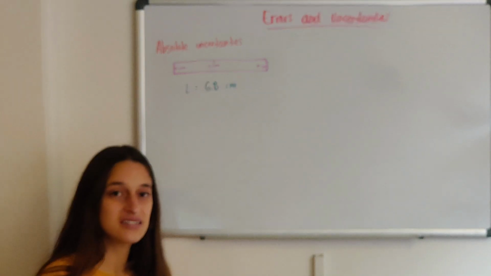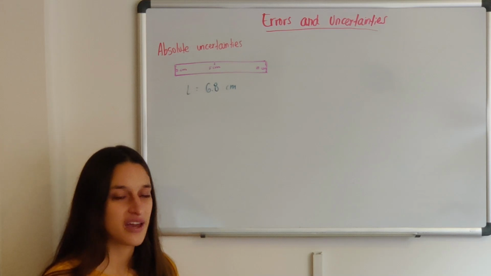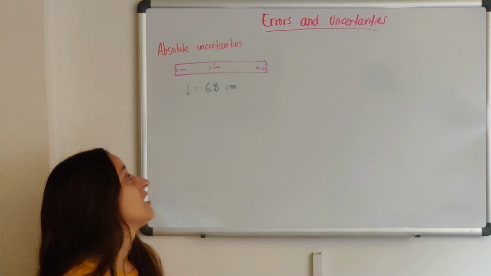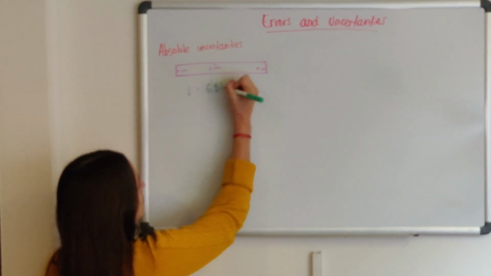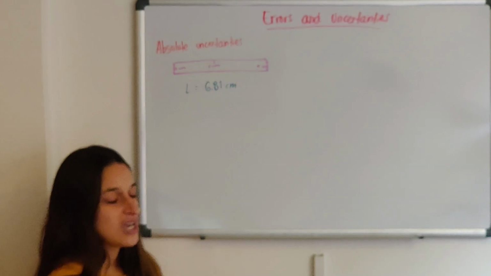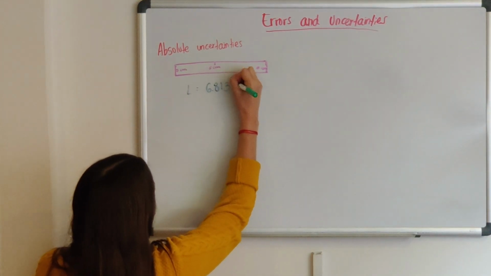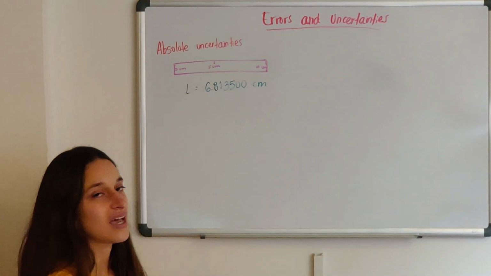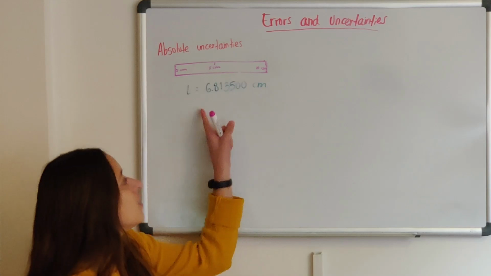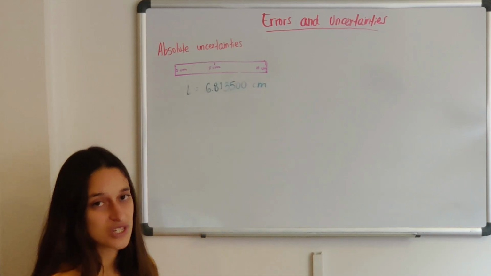But is it exactly 6.8? Can I really say that it's 6.8 without a doubt? I can't. I can say even less that it measures 6.81 centimeters, and even less that it measures 6.813500 centimeters, because that means I would know all of these significant figures and that the ruler gave them to me.